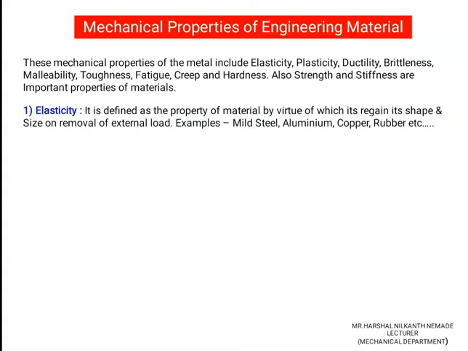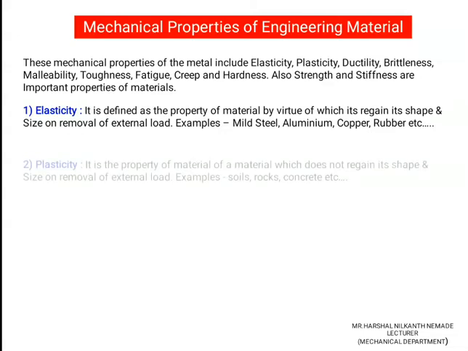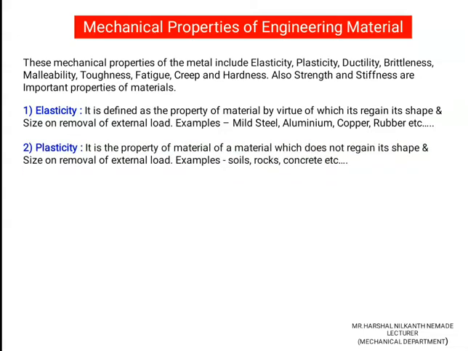First, elasticity. It is defined as property of material by the virtue of which it regains its shape and size on the removal of external load. Example, mild steel, aluminium, copper, rubber, etc. Plasticity. It is a property of material which does not regain its shape and size on removal of external load.